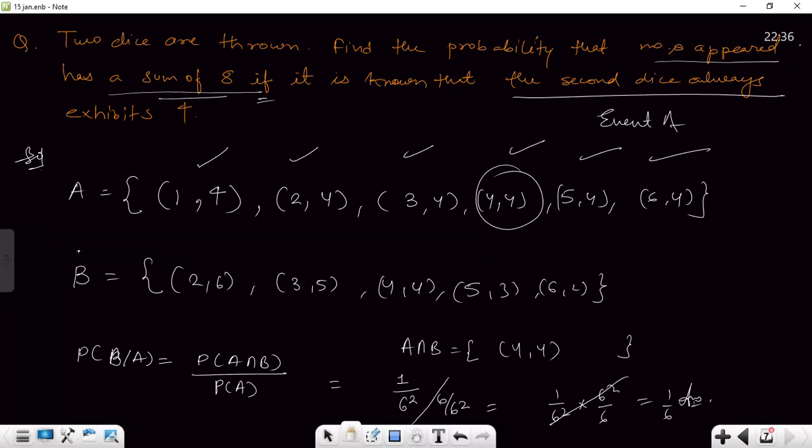Event B was getting a sum of 8. Event A was getting 4 on the second dice.